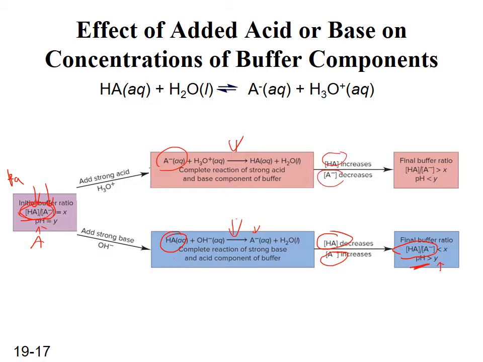We find the final concentrations of the weak acid and conjugate base after neutralization, and use them as initial concentrations. Set up another table for the acid dissociation reaction and find the ratio of the acid over base, and then calculate the pH, which decreases slightly.